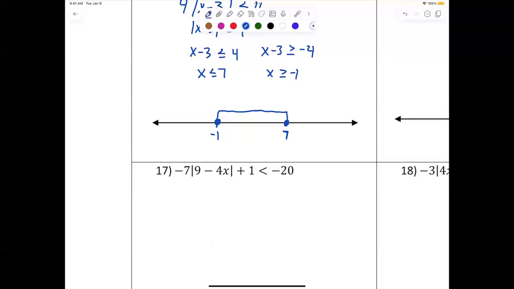Everybody good with that? And then we just write -1 bracket 7.